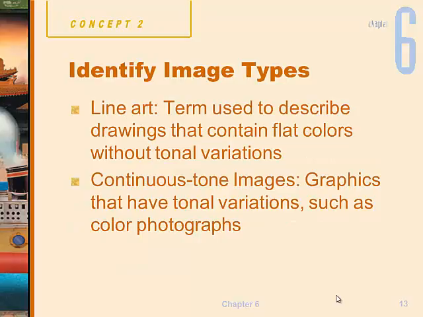Alright, so different types of images. What they call line art is a term used to describe drawings that contain flat colors without tonal variations. These images generally contain only black and white pixels. However, they could also be drawings that incorporate different colors.